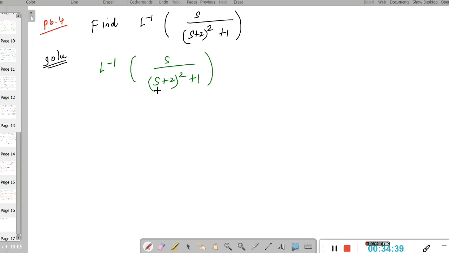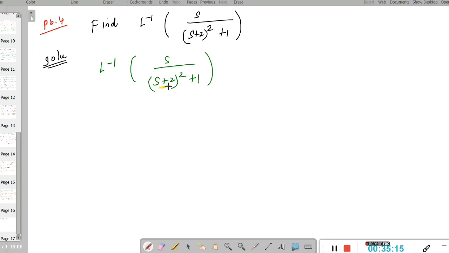From s, what numbers have been added or subtracted. So here s plus 2 is coming. For that you can try to make the remaining s also have the same addition with plus 2, like this. Try to write. Then only you can apply the first shifting theorem in L inverse.